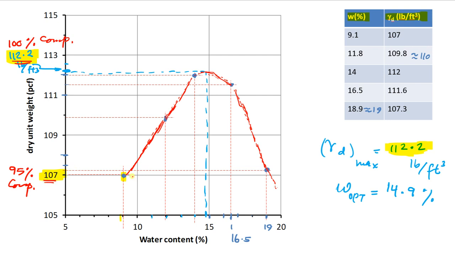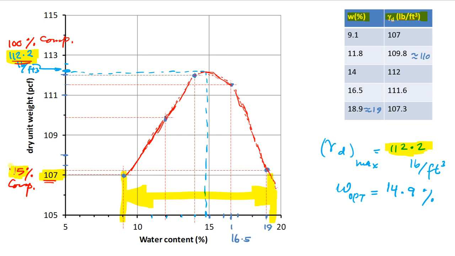So when you look at 107, there are now two water contents. 107 is at this water content and 107 is at this water content. So there are two possibilities. It means we have got this range. This is all the range of water contents if we want to attain 95% compaction.